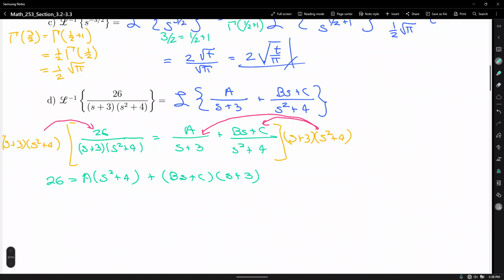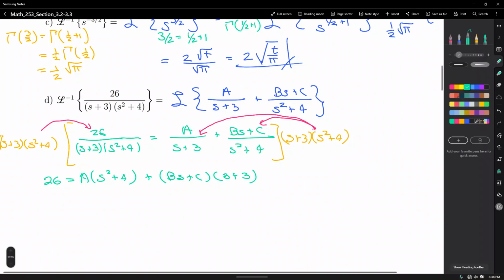All right. So what about it? So let's do that. Okay. So for s equals -3, what do we have? 26 equals a times -3 squared plus 4 plus b times -3 plus c times -3 plus 3.